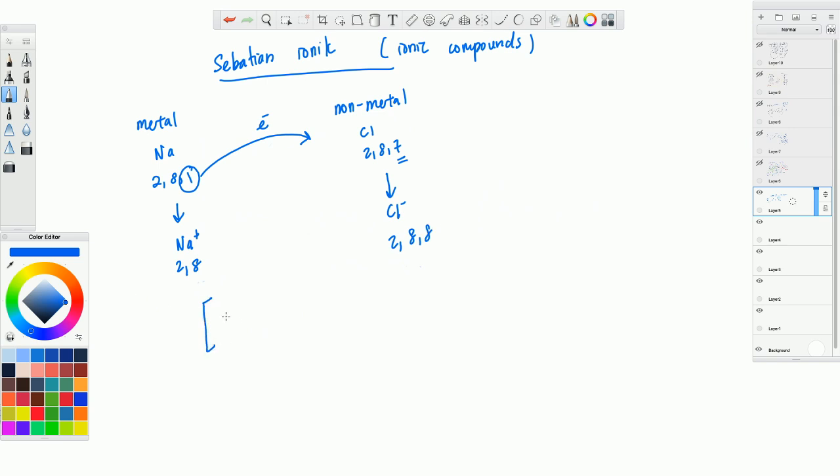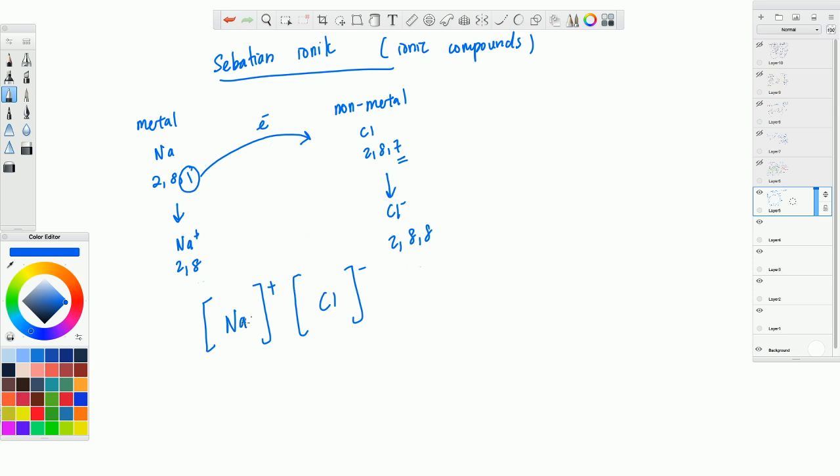Ion-ion ini akan mempunyai daya tarikan elektrostatik yang menyebabkan dia berdekatan.